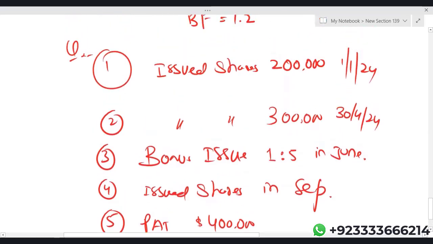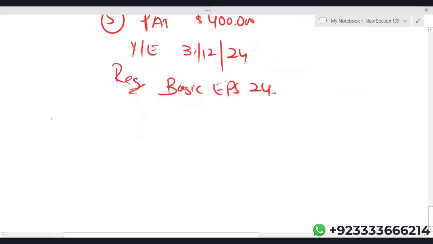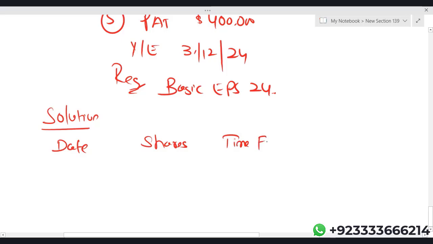Let us first calculate the weighted average shares. Obviously, without calculating weighted average shares, we cannot deal with IAS 33. Let's try to calculate the weighted average first. Date, simply take shares, time factor. Now we do have an adjustment factor.